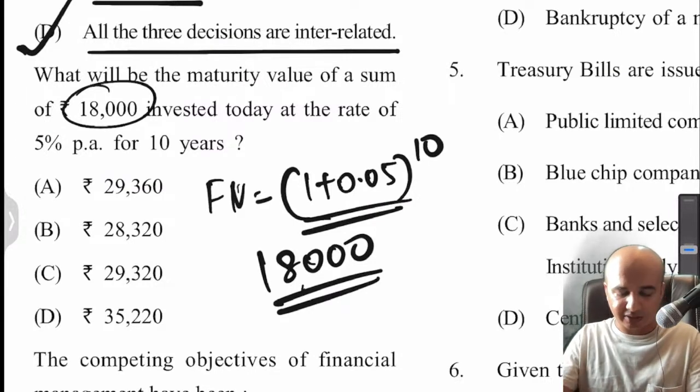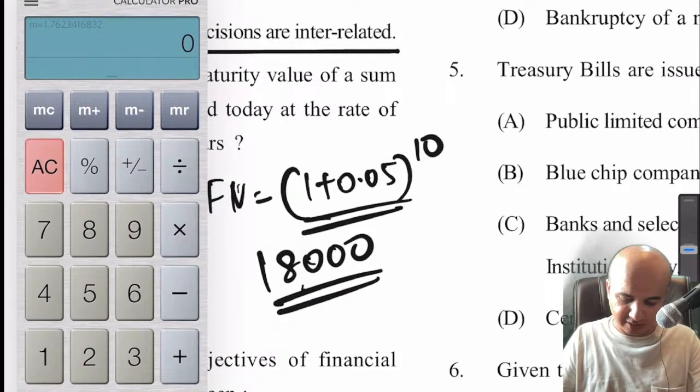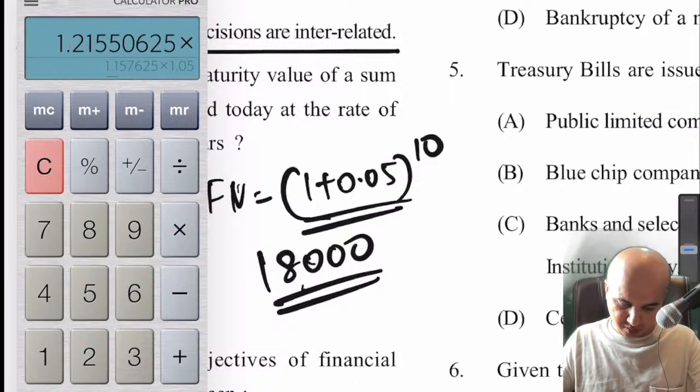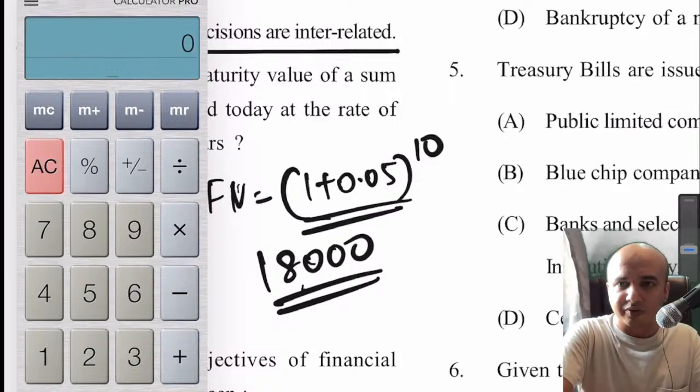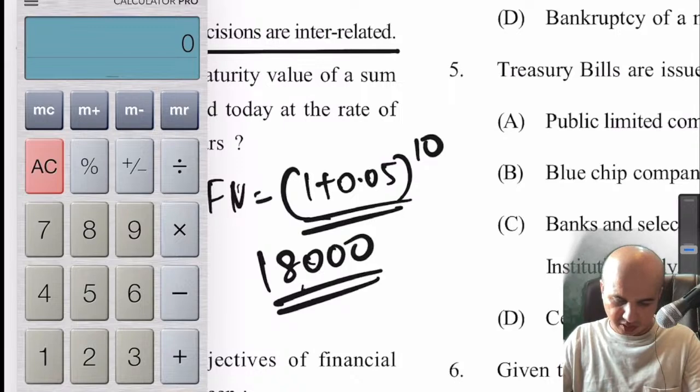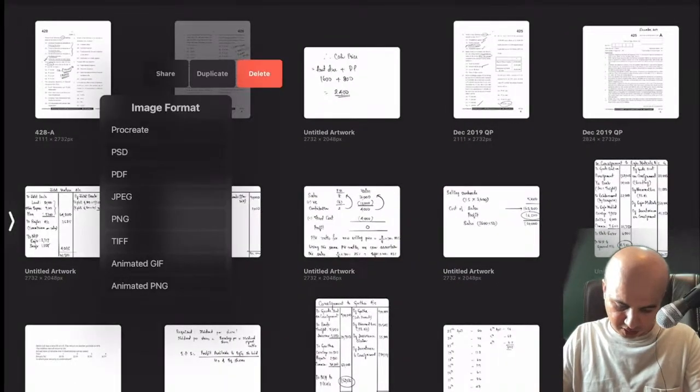So when you do that, for example, if I have to bring up the calculator, 1.05 times 1.05 times 1.05. Instead of that, we can just directly go to the table also. So from the table, let me just try to check the value. Just a second, guys.